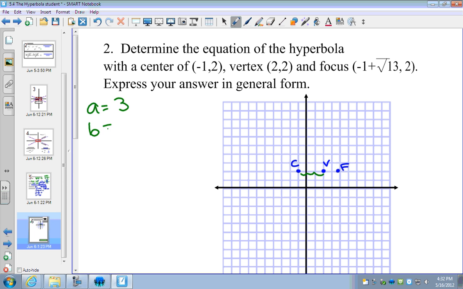My B value is my distance from my center to my focus. So if my center is here, then it is going to be that distance away. What I did is I added -1 plus root 13. That's that distance.